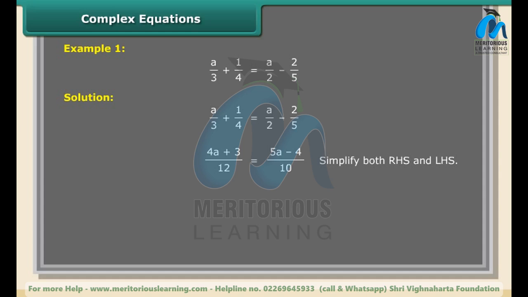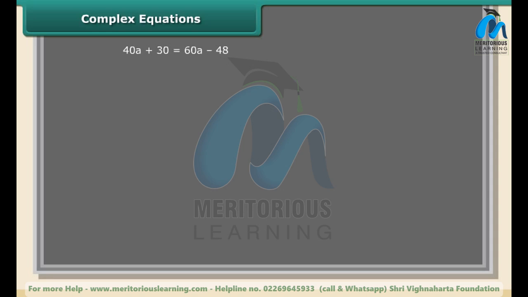Simplify both RHS and LHS. 4a plus 3 upon 12, 5a minus 4 upon 10. Use cross multiplication. 10 into 4a plus 3 is equal to 12 into 5a minus 4. 40a plus 30 is equal to 60a minus 48.